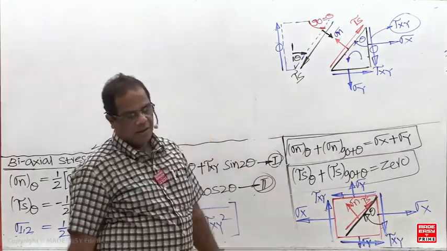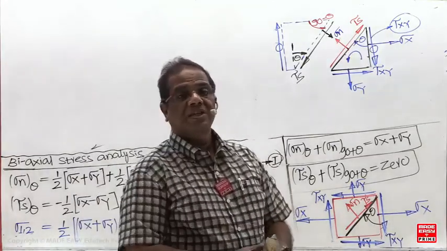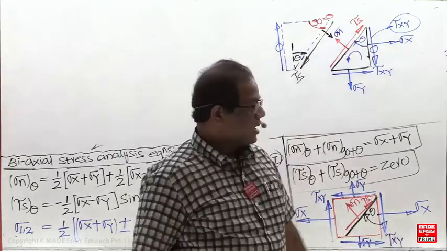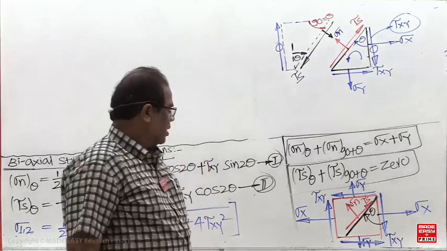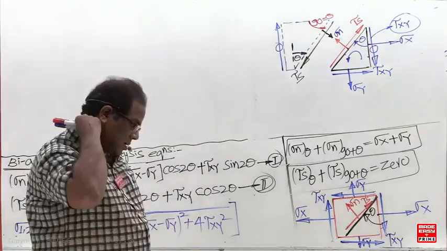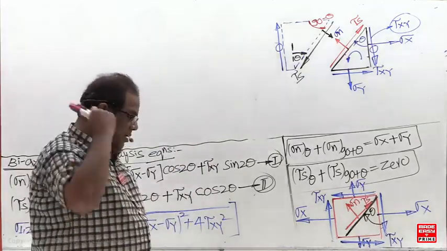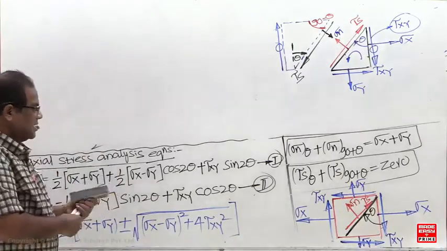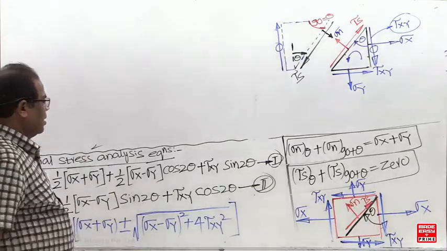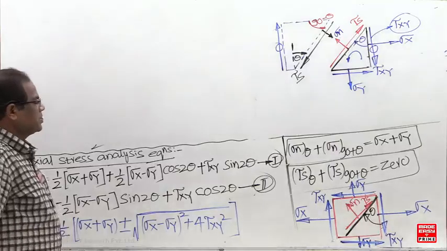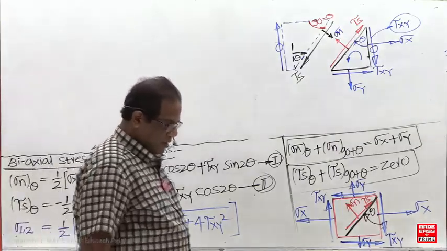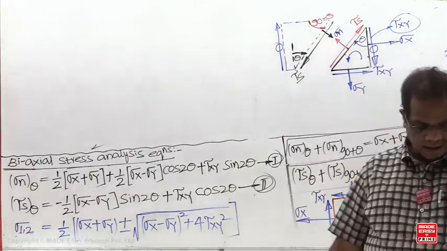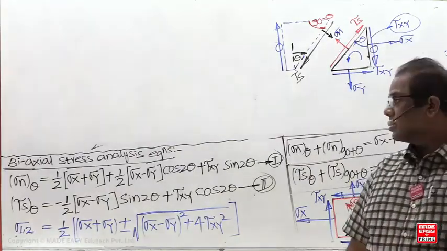Next, inclination of the oblique plane, that is theta, should be considered as positive when it forms a couple in, sir, one minute, sorry, small correction.